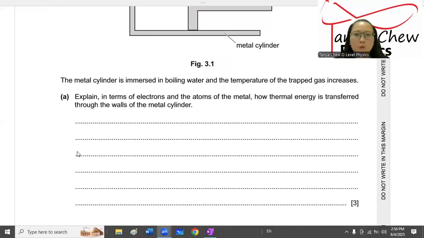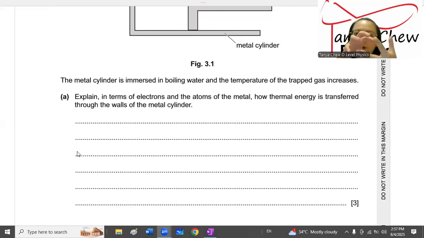Now, when the metal cylinder is being immersed in the boiling water, since the temperature of the water is higher, the heat from the boiling water would transfer to the metal cylinder. So this metal cylinder will absorb the heat. When the metal cylinder absorbs the heat, the atoms inside the metal cylinder will vibrate even more, right? And beware, this is about the metal. Metal consists of delocalized or free electrons at the same time.